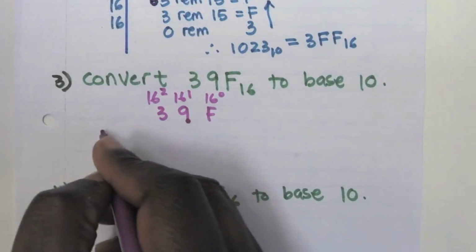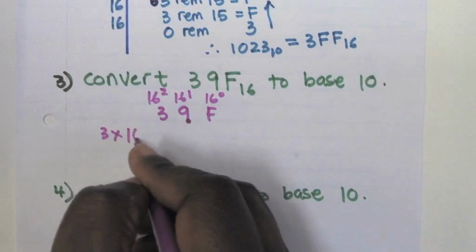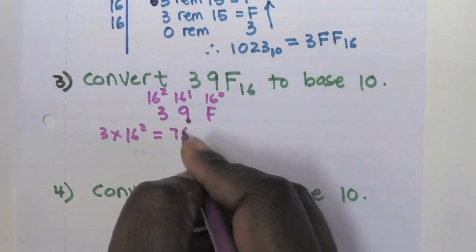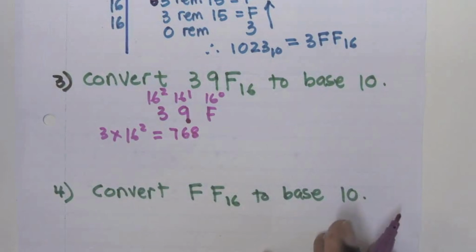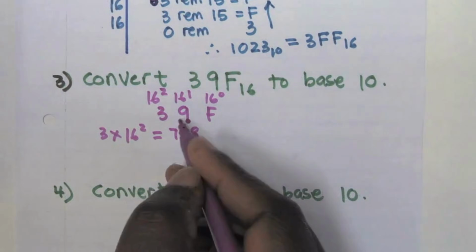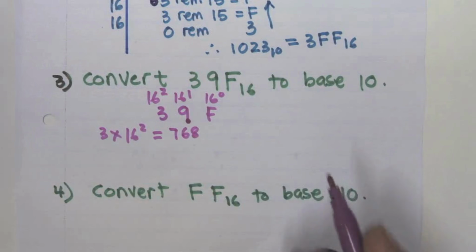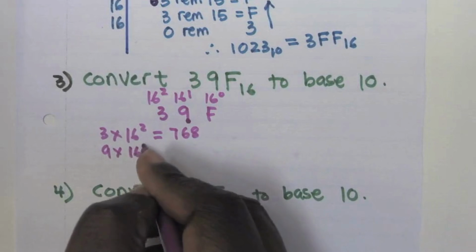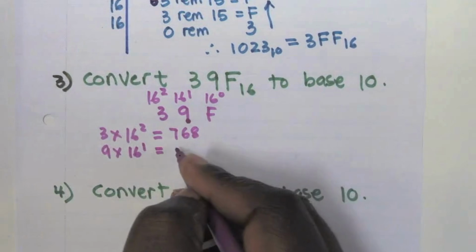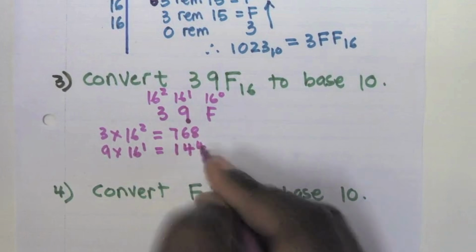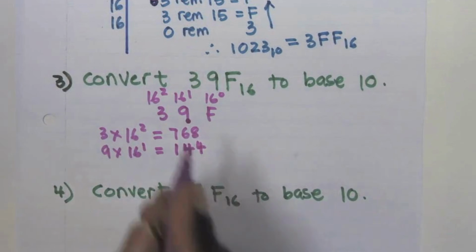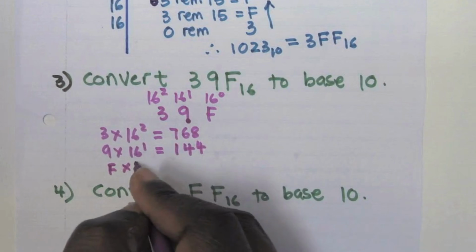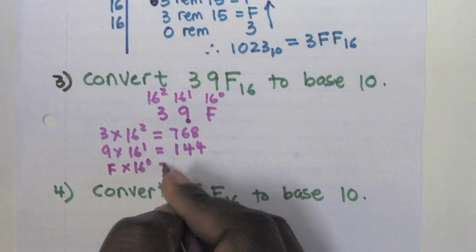Then I'm going to say here 3 times 16 to the power of 2. It gives me 768. Then I'm going to say 9 times 16 to the power of 1. This gives me 144.